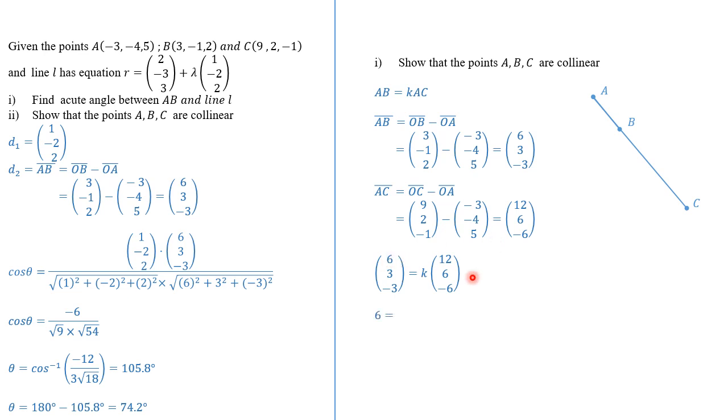You can just take the first part here. So 6 is equal to 12K, so K is equal to half. So now we go back, place K equal to half here, and see whether the left hand side will be equal to the right hand side.